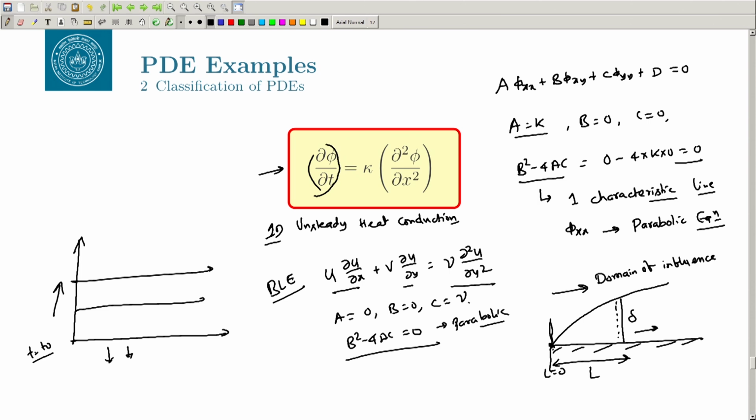So, it will only propagate in the rightward direction, right. So, the left side does not know what is happening on the right, but the right side depends on the left side. So, that is what is your domain of influence, right. Just like we said that what happens at t equal to T1 or T2 in the case of heat conduction depends on whatever disturbance you put at t equal to T0.